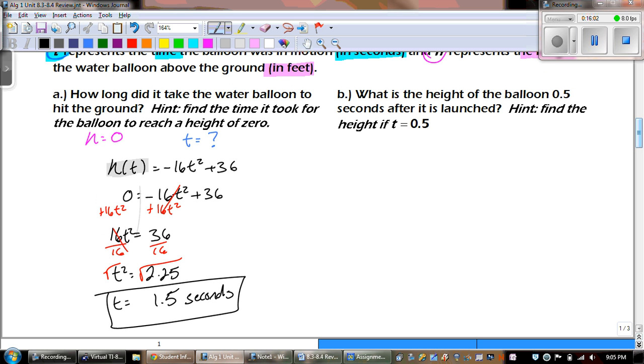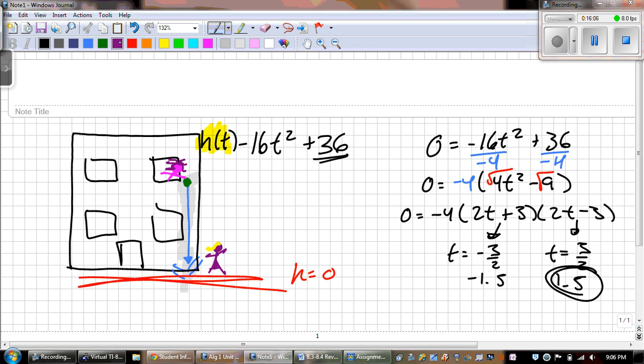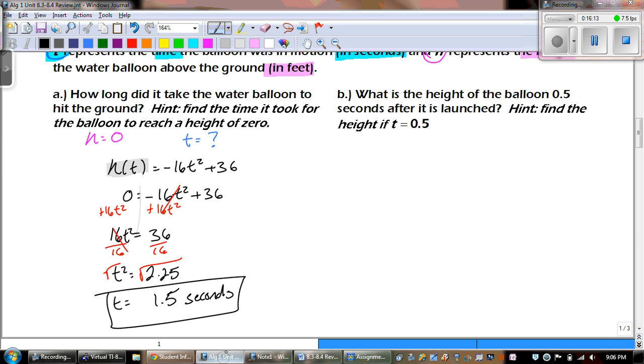All right, in B, we want to know what the height is after 0.5 seconds. So for this next one, we know that the time is 0.5, but what's our height?